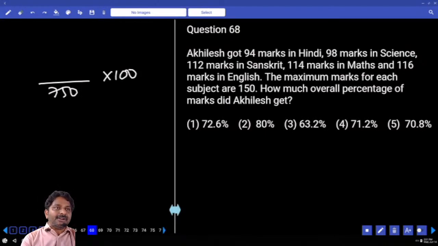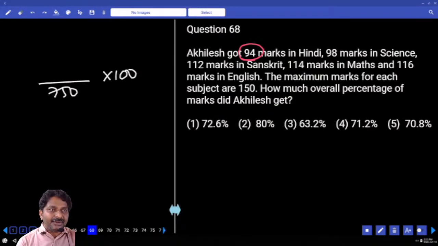Now in the numerator we need to write obtained marks. First number: my eyes will look for any other number that ends with 6, because if you add 6 to 94, it becomes a round figure. 116. From 116 I'll pick 6 and add it to 94. First number becomes 100, the other becomes 110.